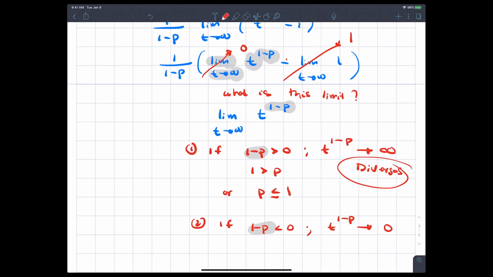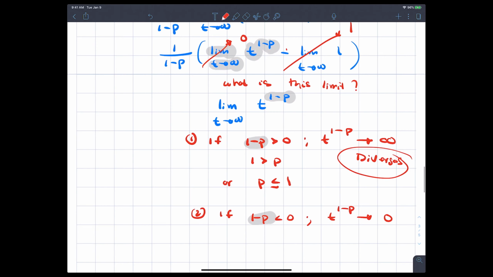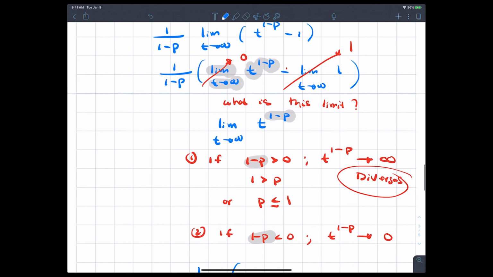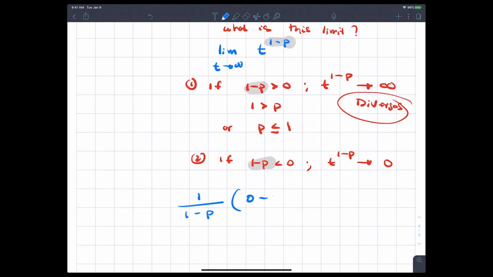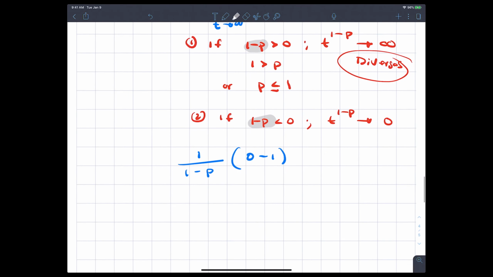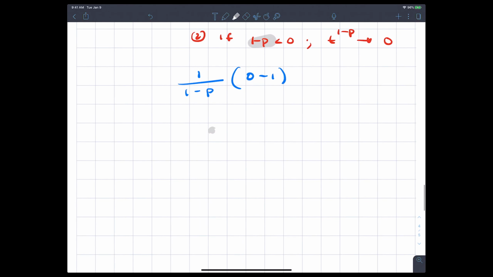And so, ladies and gentlemen, what that means is this improper integral is 1 over 1 minus p times 0 minus 1 here. You're looking up here. 0 minus that 1. And 0 minus 1 is negative 1. So the improper integral then becomes 1 over 1 minus p times negative 1, or simply 1 over p minus 1.